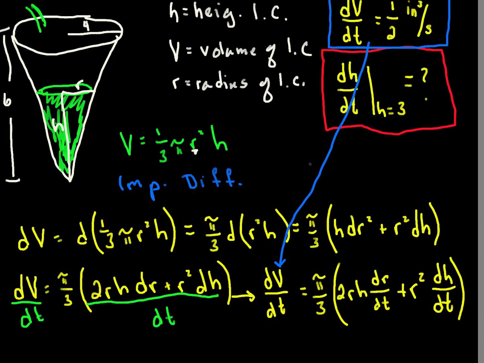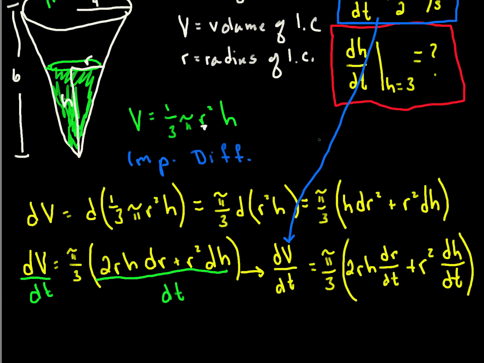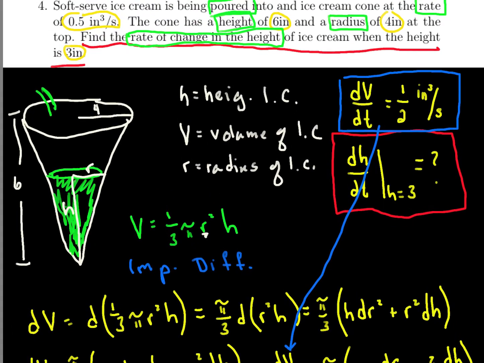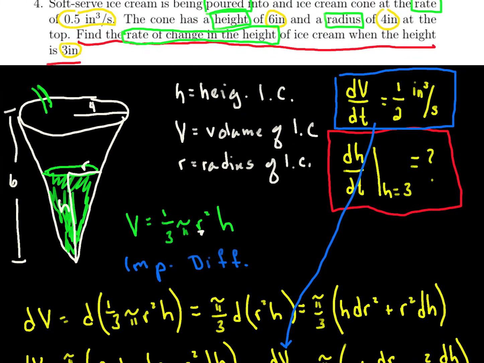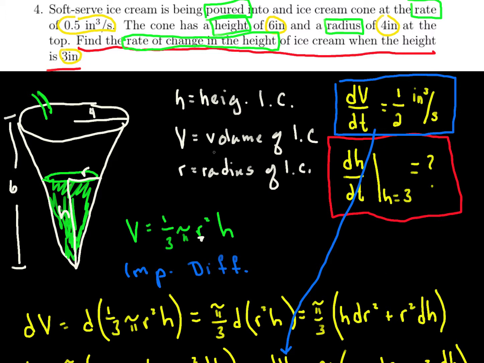Okay. Now we want to know dh/dt. I can replace dV/dt with 1/2, but I can't replace dr/dt with anything. What is this dr business? I don't have any information. If I come back to the problem, remember we didn't know anything about radius. We're just told the rate of change of volume. We don't know the rate of change of r.